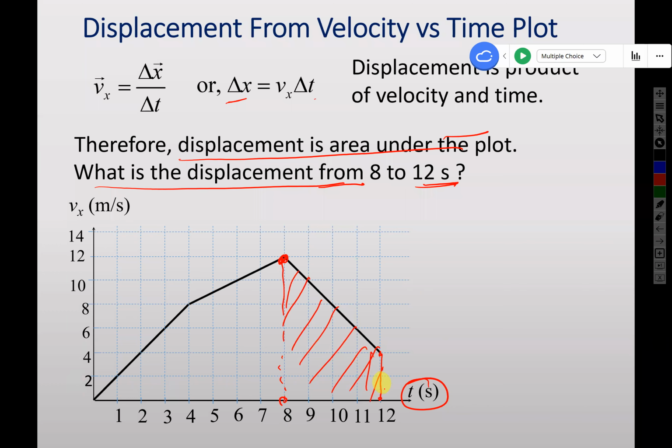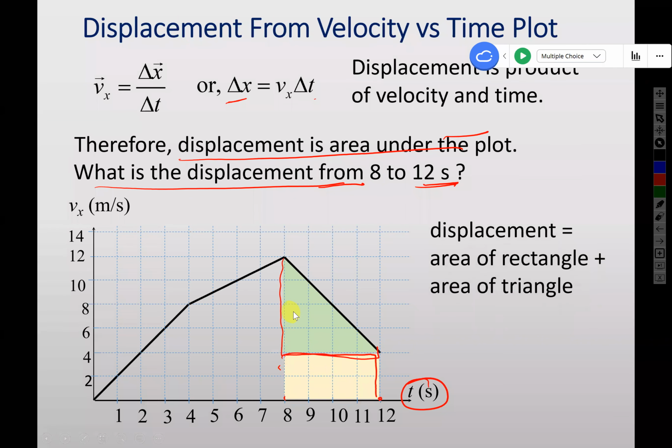Area means you have to go all the way down here, not just there. The line stopping there doesn't mean you just find the area there. You go all the way down, so in this case you look at this plus that, both of them. So you find the area of the rectangle and the area of the triangle and add them together.